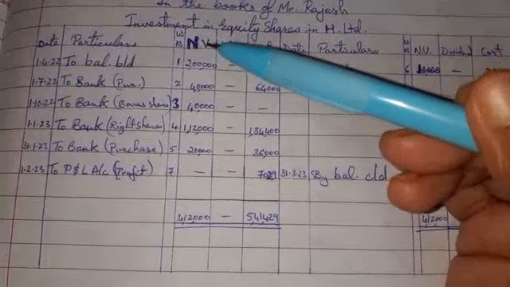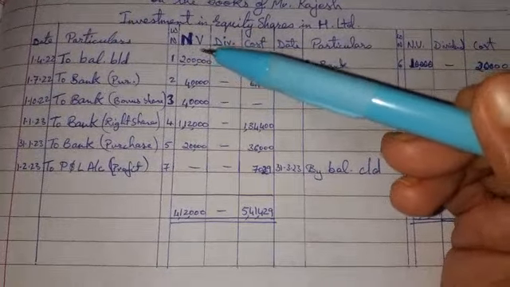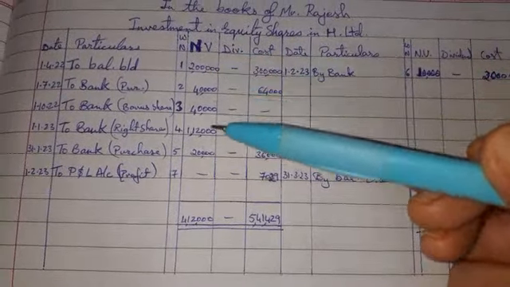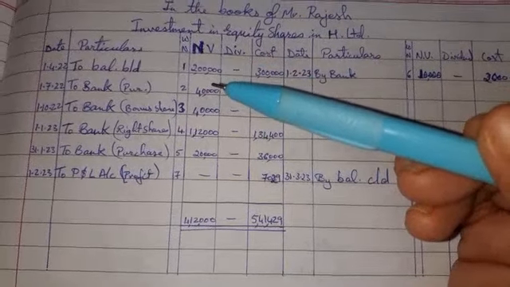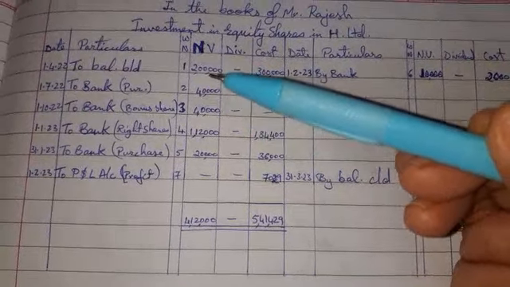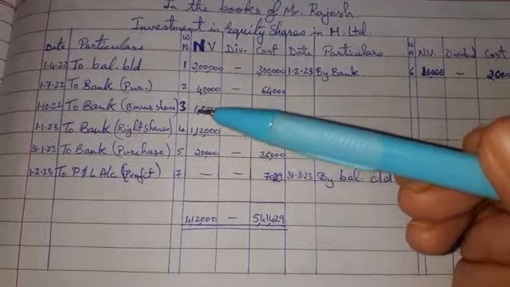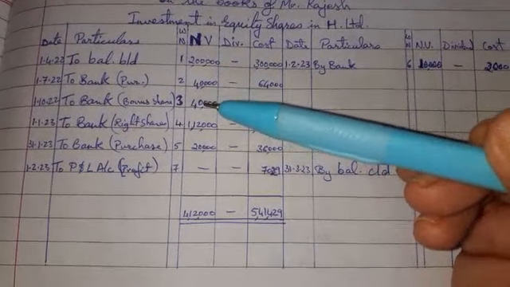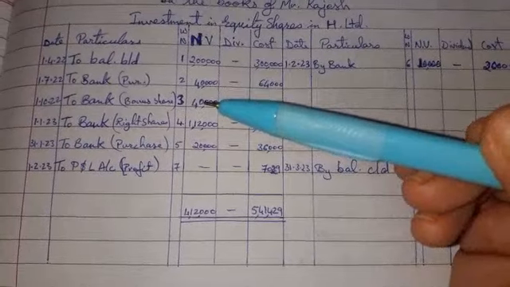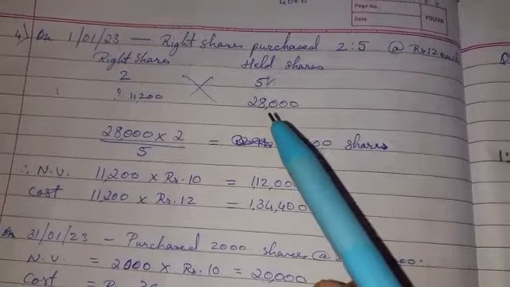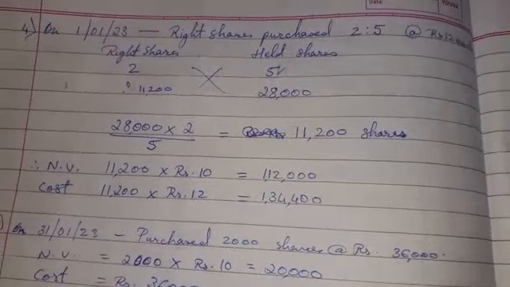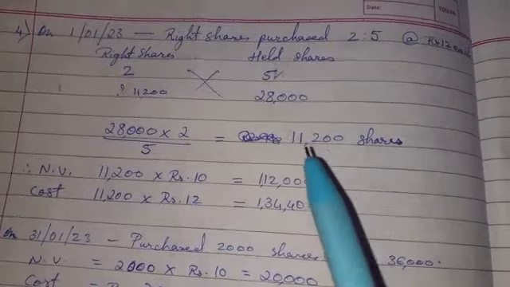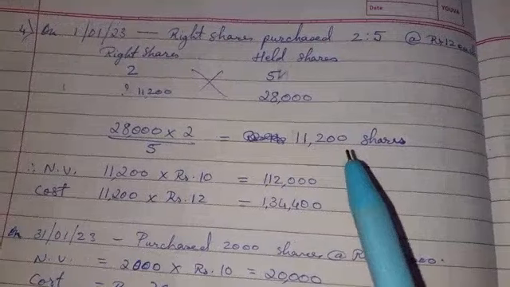Nominal value is always found with the number of shares multiplied by 10. So 20,000 shares are here, 4,000 shares are here, so that becomes 24,000, plus another 4,000 bonus shares we got, so it becomes 28,000. In the same way as we found the bonus shares, we'll cross multiply and we'll get 11,200 as rights shares.